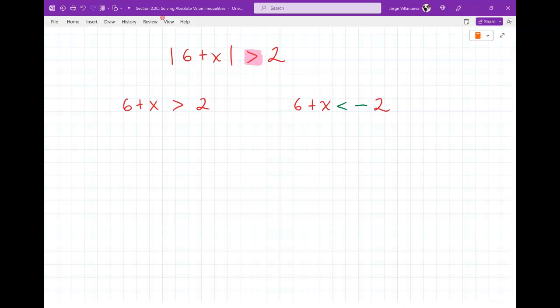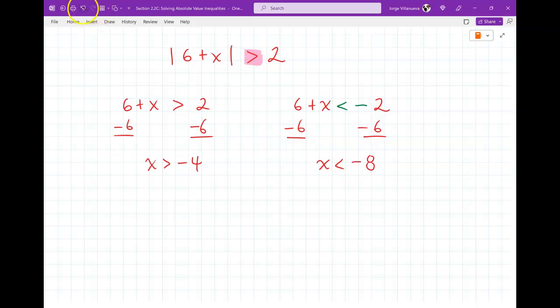You switch the inequality, you switch the sign of the number. All right, so solve for both. -6 on both sides here. We get x greater than -4. Okay, well, -6 on both sides over here. x is less than -8.